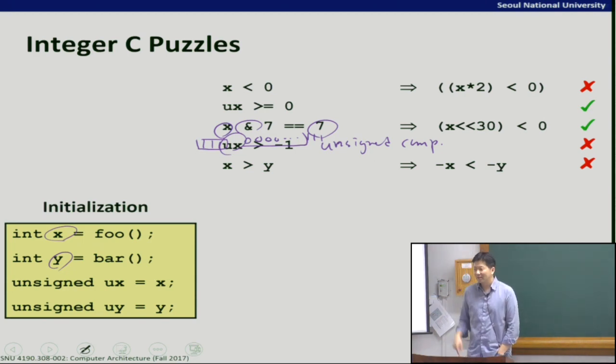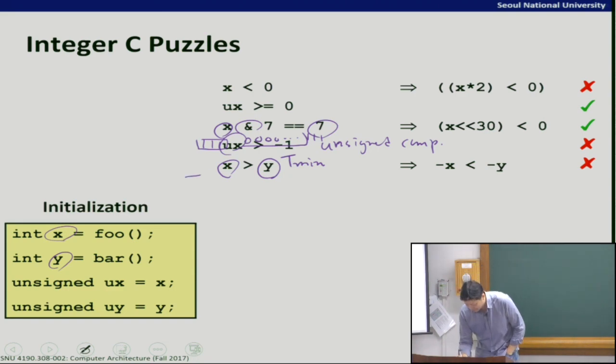Yes, if one of them is TMin. In this case, let's say x is TMin, and y is another negative number, not TMin, let's say -2. If you take the negation, then -x becomes, again, TMin. And -y will become +2.